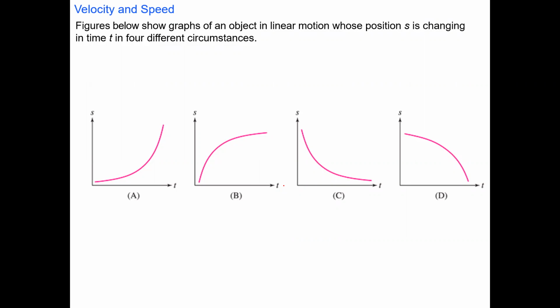All of these graphs represent different scenarios with respect to speeding up or slowing down. And we have to figure out in which circumstances the object is speeding up or slowing down.